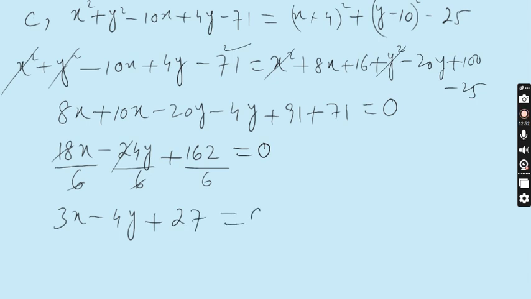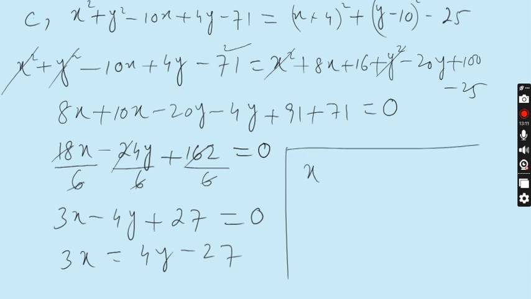You can check if you have any confusion. Now make x or y the subject of the formula. So 3x is equal to 4y minus 27, or x is equal to (4y minus 27) upon 3. You can say this is equation number 1.